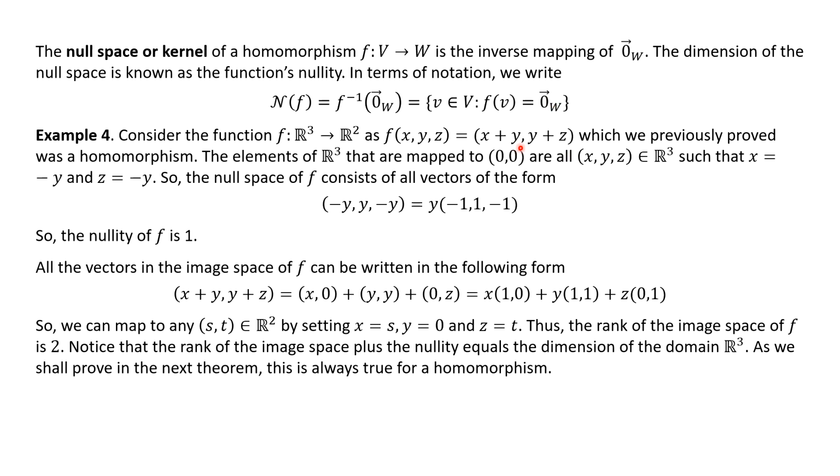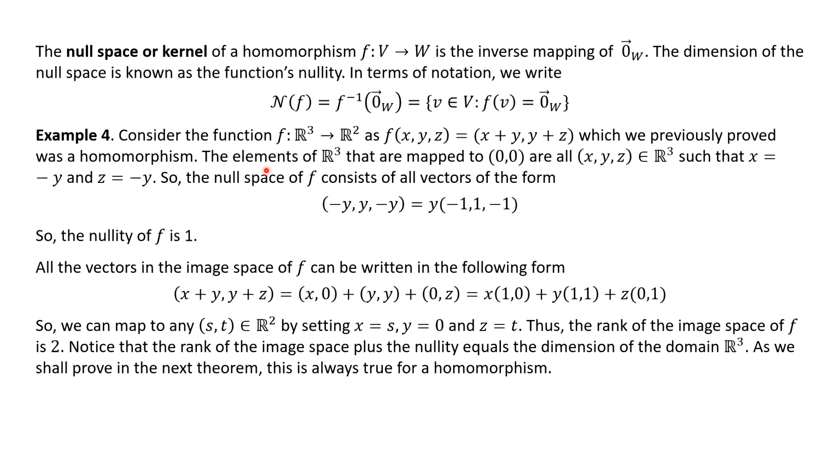So just returning to an example we had seen earlier, consider the function F from R3 to R2 defined by this mapping here. We previously proved this was a homomorphism. The elements of R3 that are mapped to 0, 0, in other words, the zero vector in R2, are elements in R3 such that x equals minus y and z equals minus y.